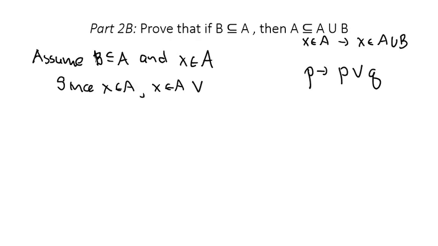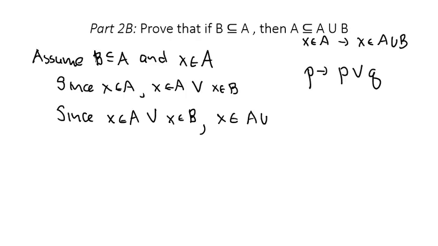If X is in A, then X is in A or X is an element of B. Again, we could have said anything there. It doesn't matter. Since X is in A, we know the first part of this OR statement is true, which says we could say anything here. But now, since X is in A or X is in B, we can state that X is an element in A union B, and that's by the definition of set union.